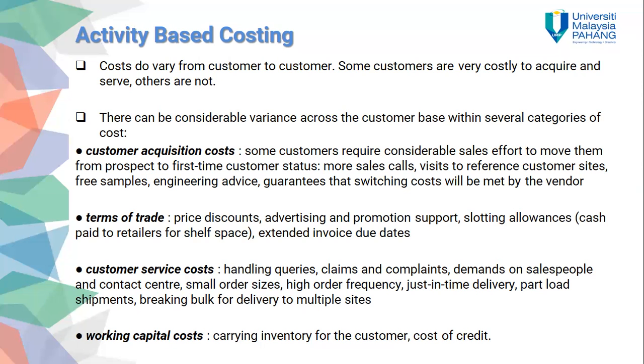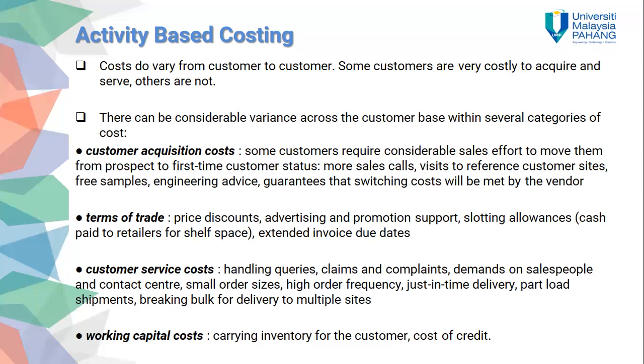So this will have cost involved for the first time, and then when you have your customer already on board, already engaged with you, you will need to evaluate what will be the total cost when you want to acquire this particular customer.